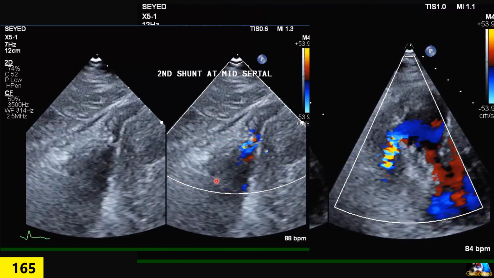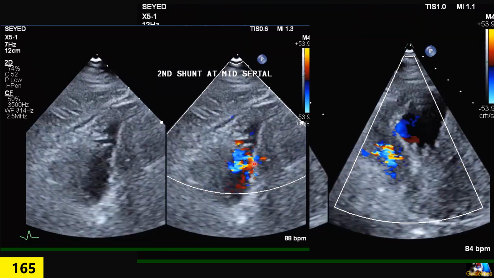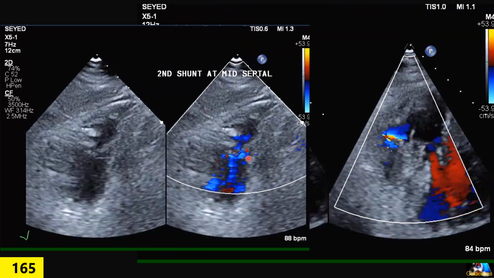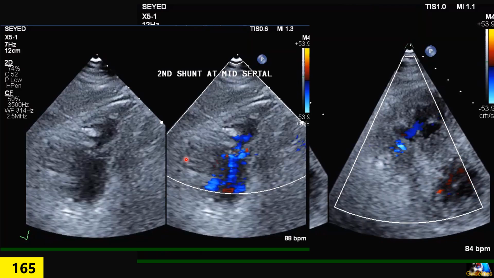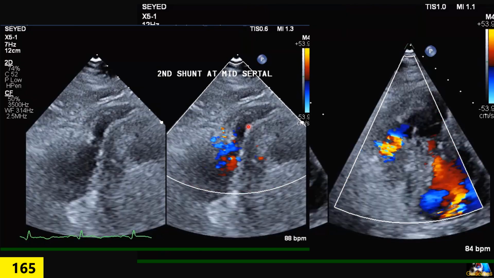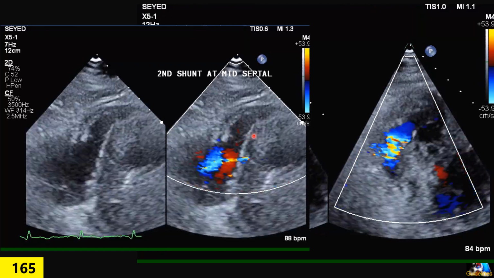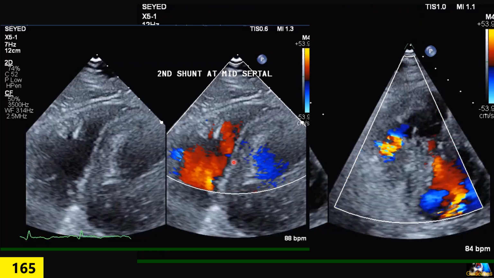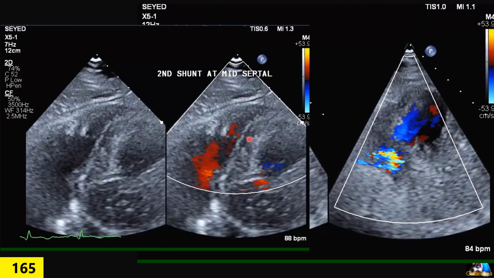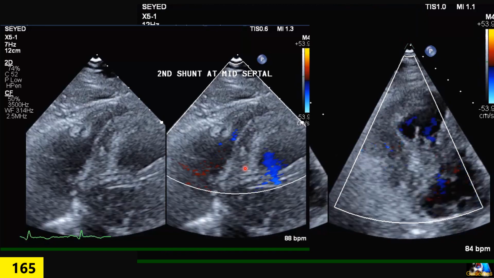Here, in the same patient again, we found another second jet. So don't be satisfied and don't assume that if you find one abnormality it is enough and there isn't another, because the prognosis, management and treatment are completely different when you have one jet or two jets.